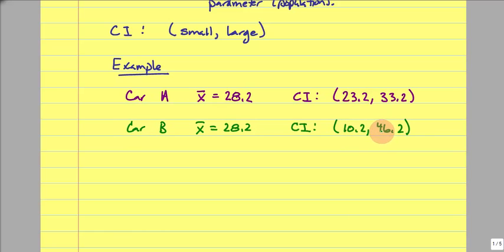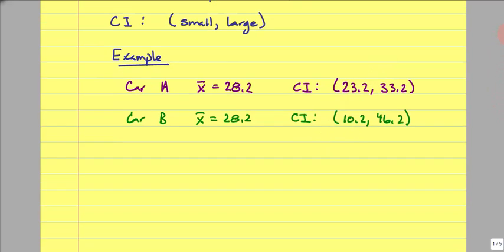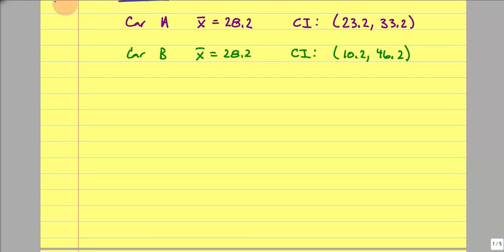And so if you wanted consistency in your mileage, it looks like car A would be your option. If you wanted inconsistency in your mileage, it looks like car B would be your option. And of course, there's a lot of other things going on in here as well, but that's just a good quick explanation about what we use confidence intervals for. They provide more information about a point estimate other than just that single value.